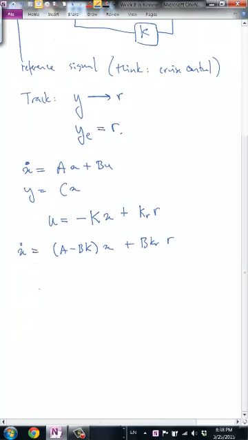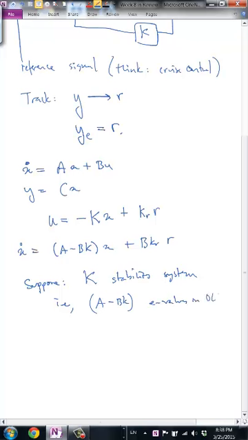Now suppose K, the feedback filter, is chosen so that it stabilizes the system. In other words, A minus BK has eigenvalues in the open left half plane. This is everything that we did in chapters 6.1, 6.2, and 6.3, so I won't spend time discussing it again.